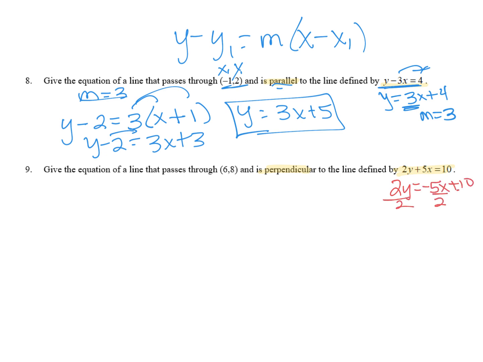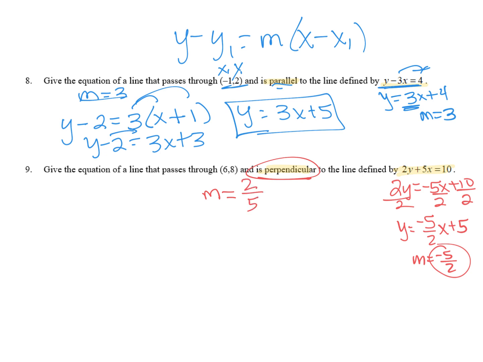Divide by 2. So y equals -5/2 x plus 5. So the slope of this line is -5/2. Therefore, the slope that is perpendicular is negative, so positive. It's going to be a positive number because negative means opposite of that. And then flipped, so 2/5.